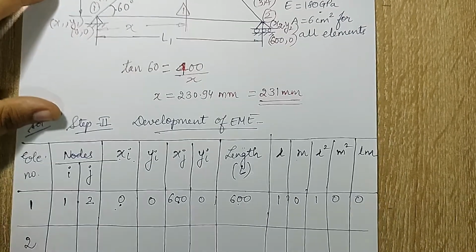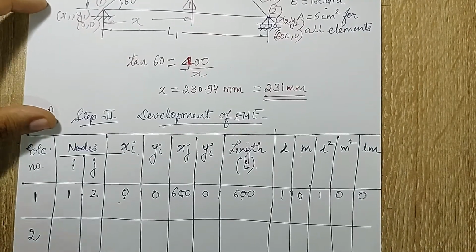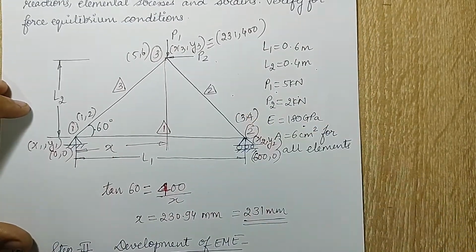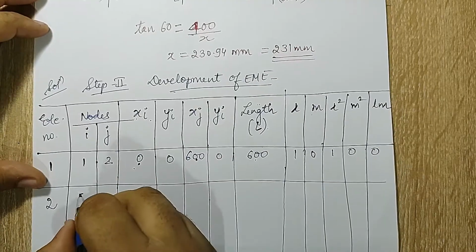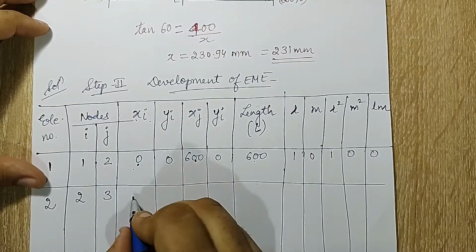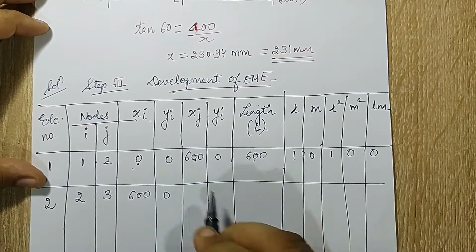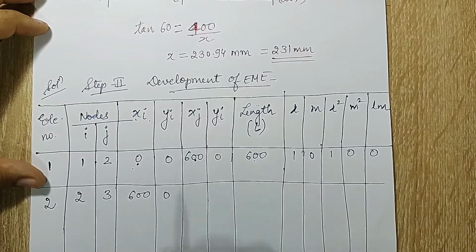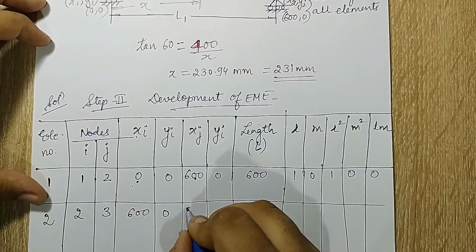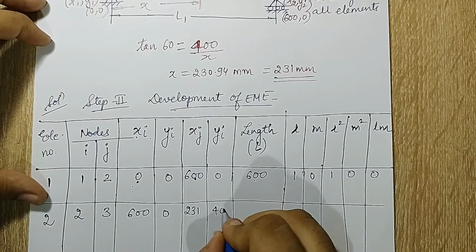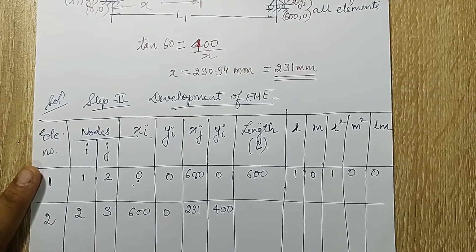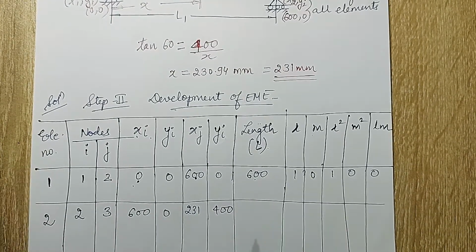Next I'll go for element 2. When I'm solving for element 2, I can see it is between node 2 and 3. So here I'll write down 2, 3. This will be x2, y2, which is 600, 0. And j is 3, so x3, y3, the value is 231, 400. So here I'll write down 231, 400. Okay, the length is supposed to be calculated. Now there is a formula for calculation of this length as well.